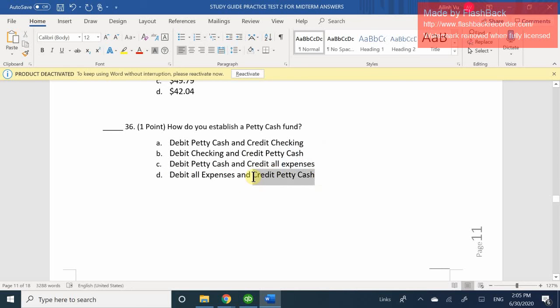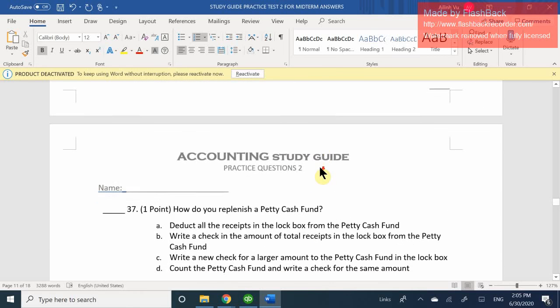You never touch your petty cash fund unless you're establishing it, increasing it, decreasing it, or closing it out. So David is correct. A is the correct answer. Again, this is all about reading. Make sure you understand that this is to establish a petty cash fund.